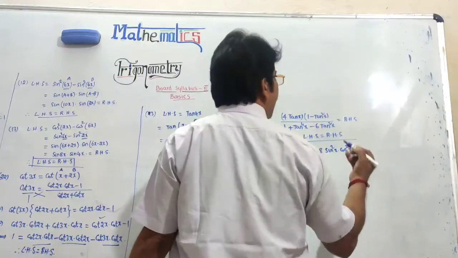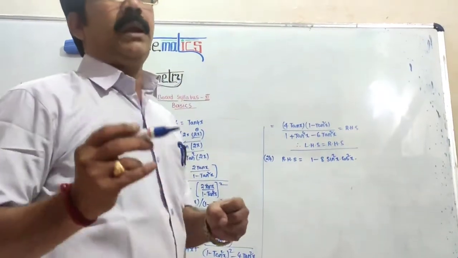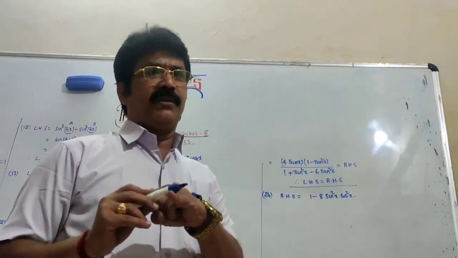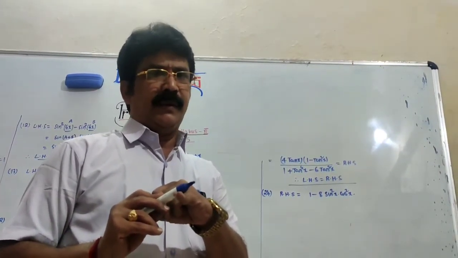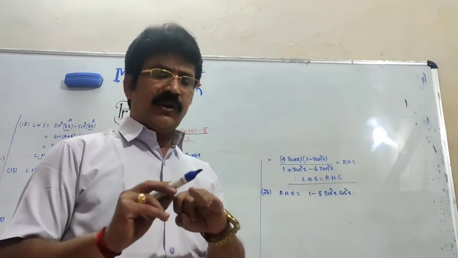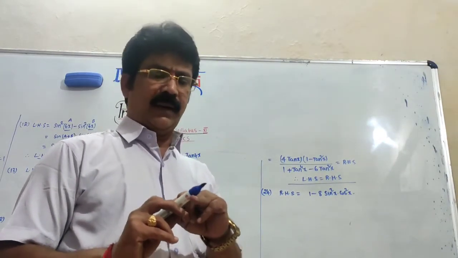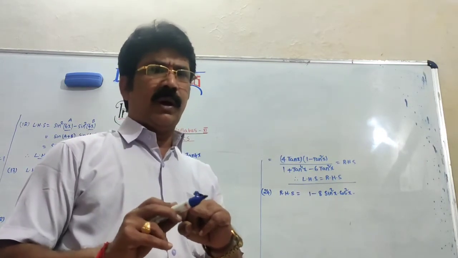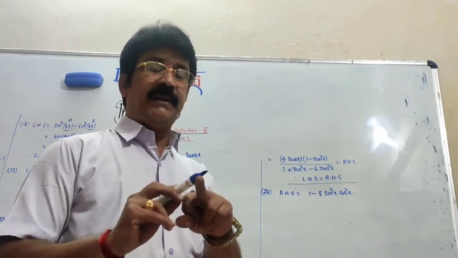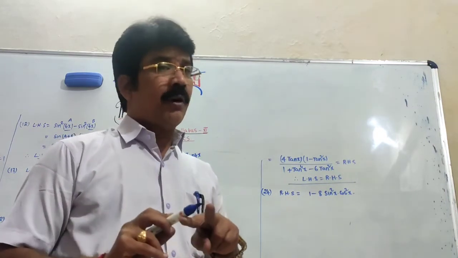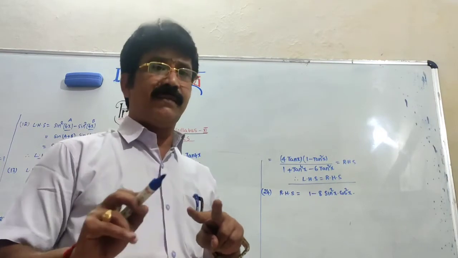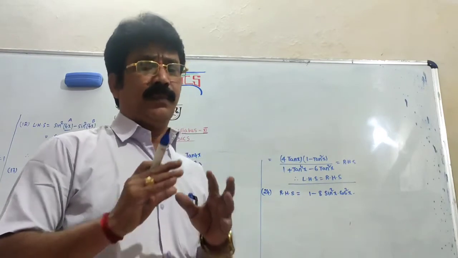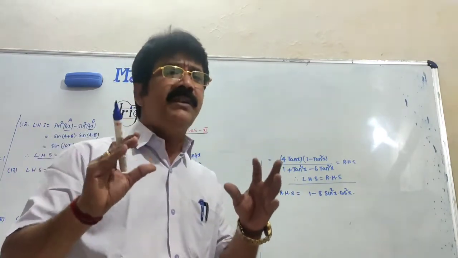Actually in trigonometry, to prove LHS is equal to RHS, we can go through LHS and show it as RHS, or we can start with the RHS and show it as LHS. Thus LHS is equal to RHS. Another method: find the separate value of LHS and the separate value of RHS. If both values are the same, then we can say that LHS is equal to RHS. This is the way of proving the given statements in trigonometry.